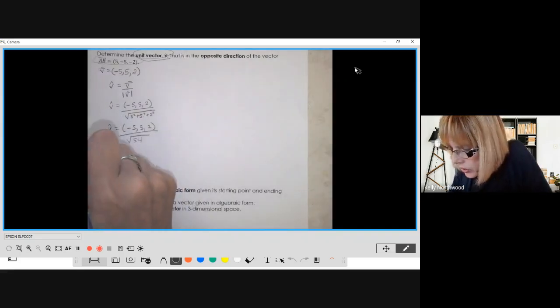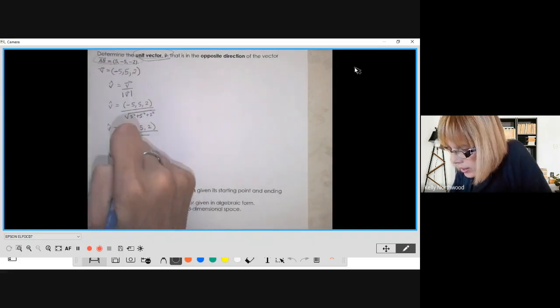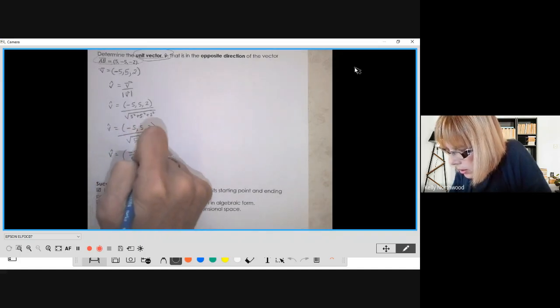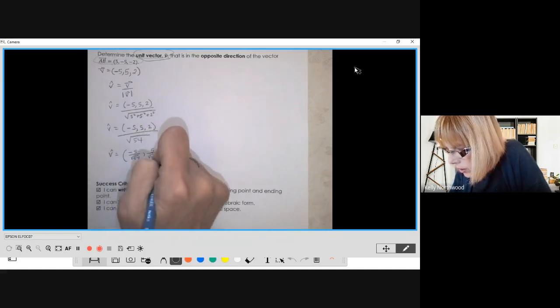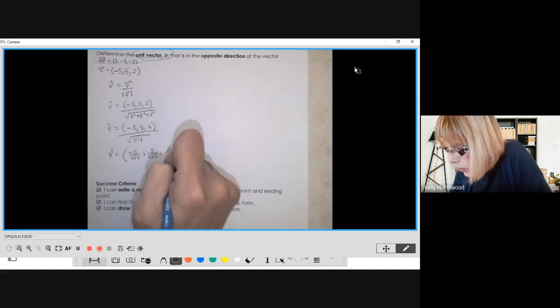So V hat vector is going to have components -5 over the square root of 54, 5 over the square root of 54, 2 over the square root of 54.